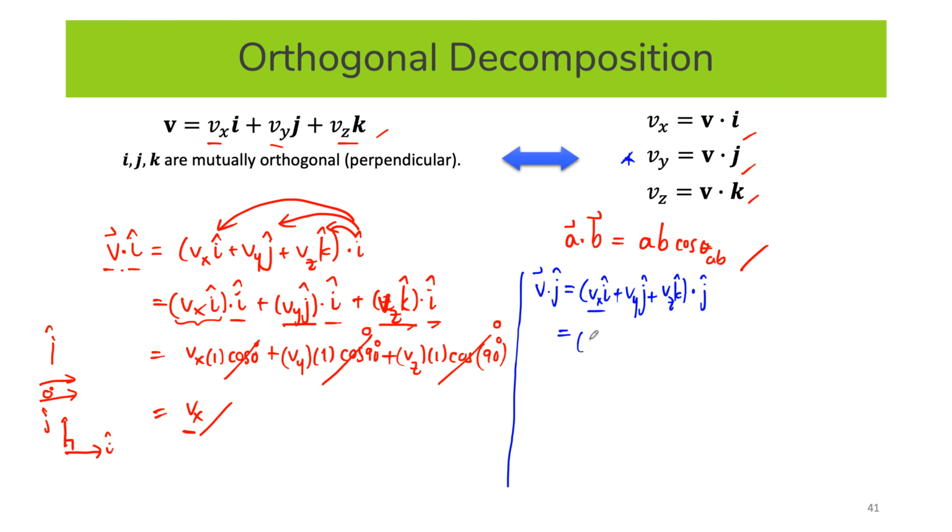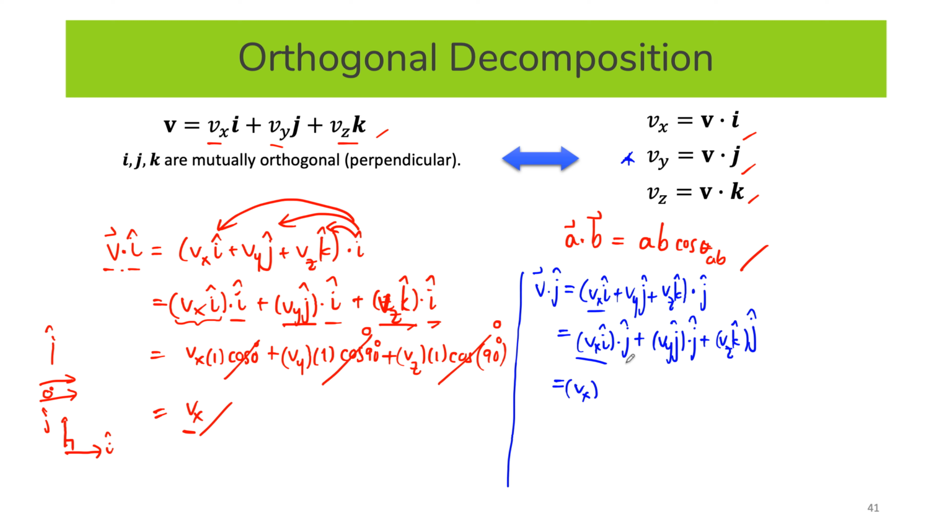First term is vx i dot with j, plus the second term vy j dot with j, and vz k dotted with j. And using the dot product formula, we have the magnitude for this one is vx.